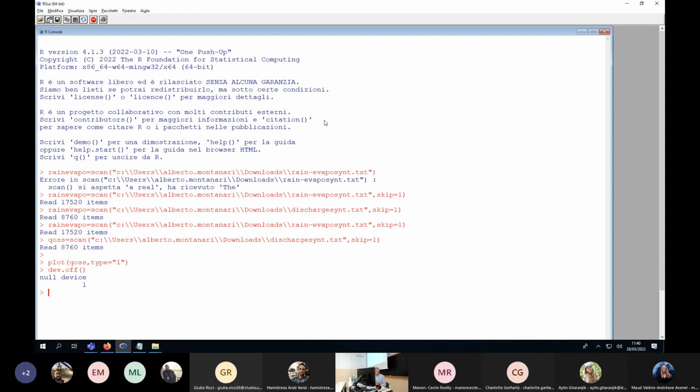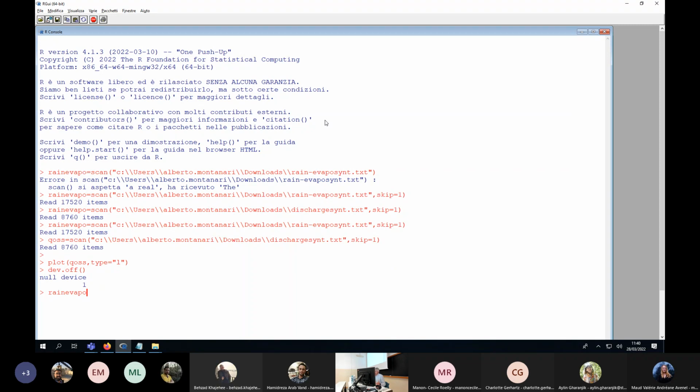Okay, now the problem is that the rainfall data that I uploaded, rain evapo, is a vector, while, if you remember, originally the file was a matrix with the first column rainfall, the second column evapotranspiration.